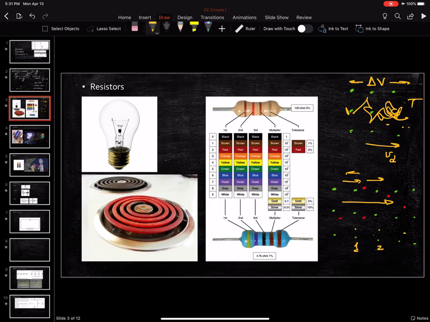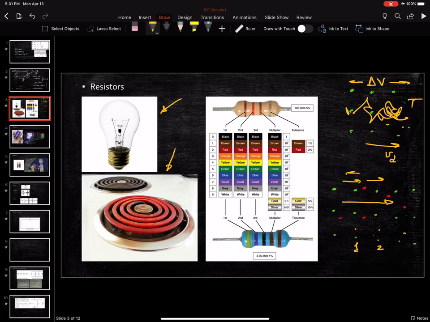One example would be an incandescent light bulb. Not an LED, those are a little bit different, but a regular old light bulb, or an electric burner, a toaster oven, a hairdryer, anything like that. Even a regular piece of metal will warm up if you have a current passing through it. These are examples of resistors.